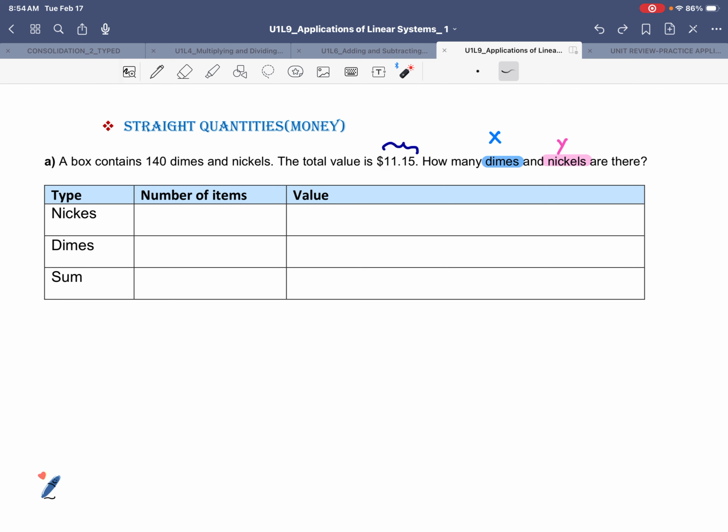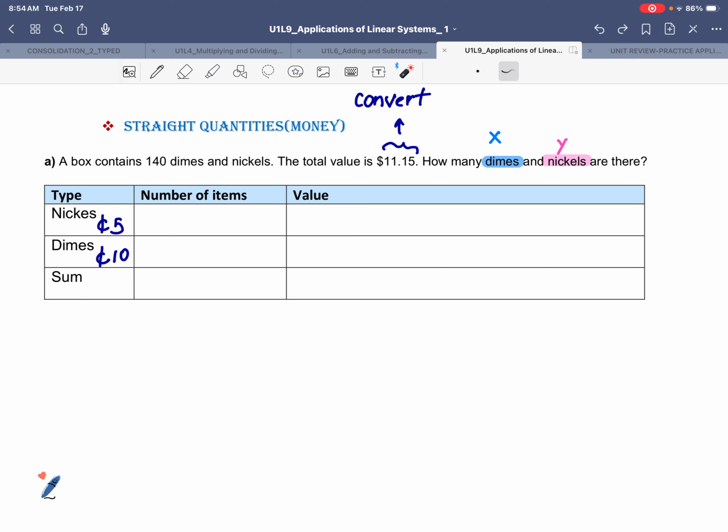So we want to convert this into one unit. You can keep it in dollars, or you can convert it to cents. And I don't want to deal with a decimal number, so I would convert this into cents. Now remember that the value of one nickel is 5 cents. The value of one dime is 10 cents.